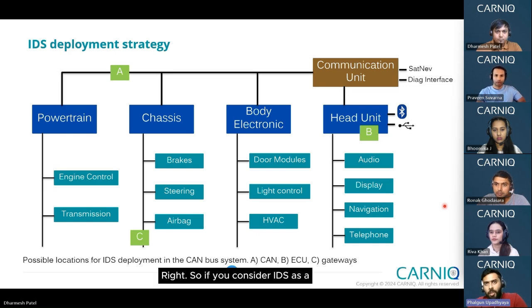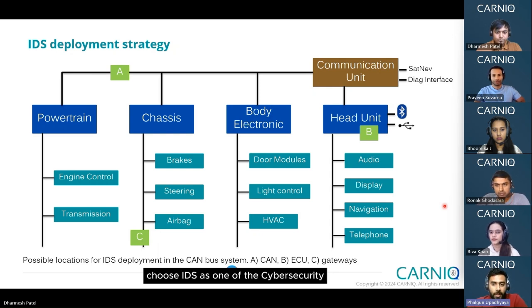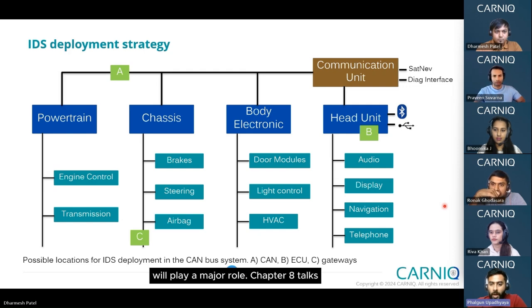Right. So if you consider IDS as a cybersecurity control, so if you have to choose IDS as one of the cybersecurity controls in your TARA, most importantly, from ISO 21434 perspective, chapter 8 and chapter 13 will play a major role. Chapter 8 talks about continuous monitoring of cybersecurity incidents.